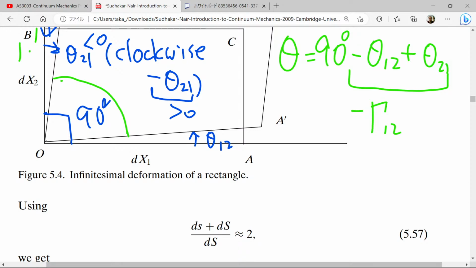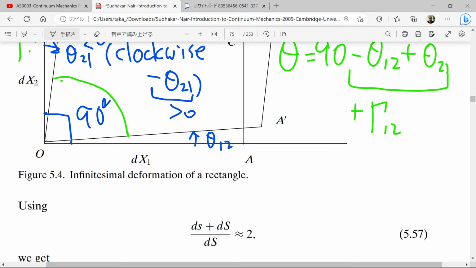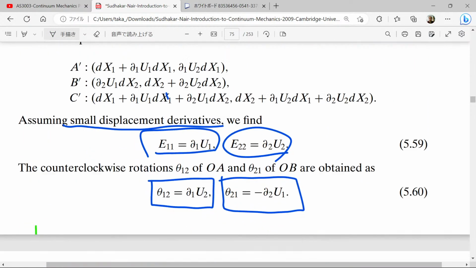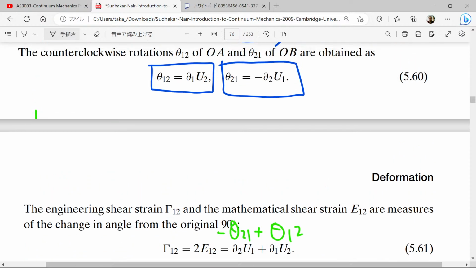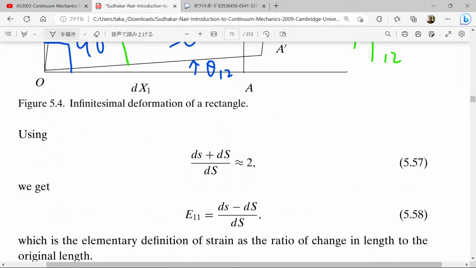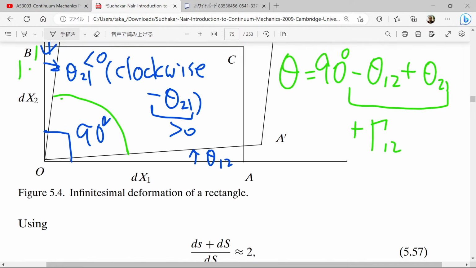Seems like this is positive. Theta 2, 1 minus theta 1, 2. No, theta 1, 2 minus theta 2, 1. Okay, so this one is negative.